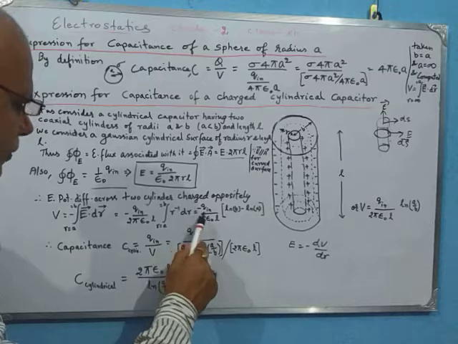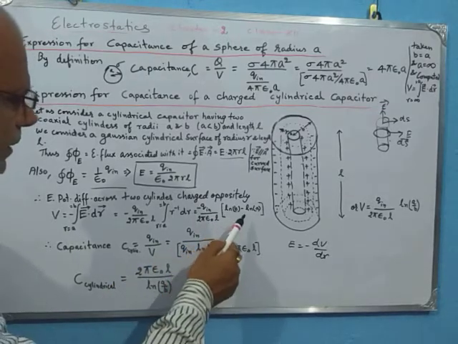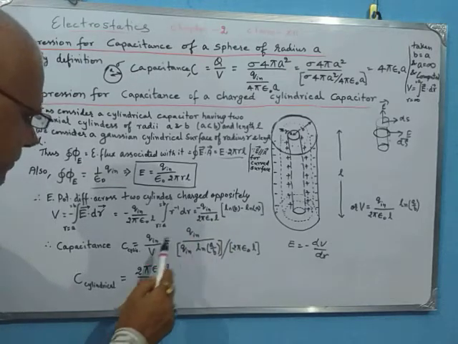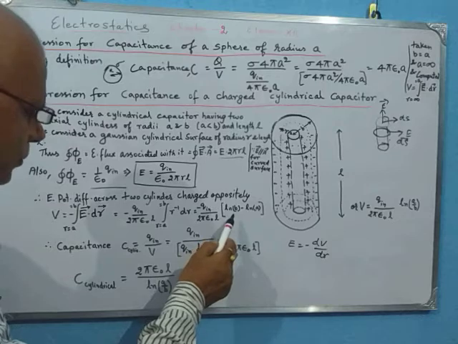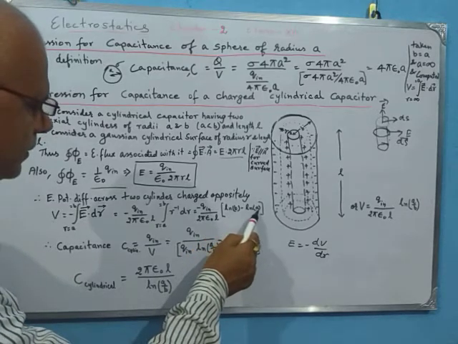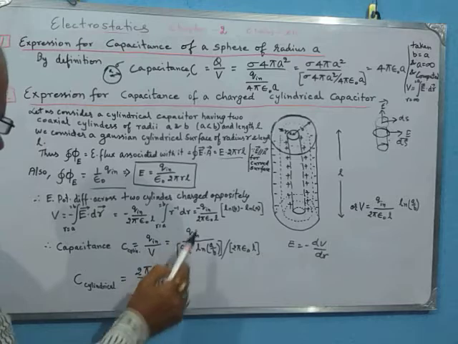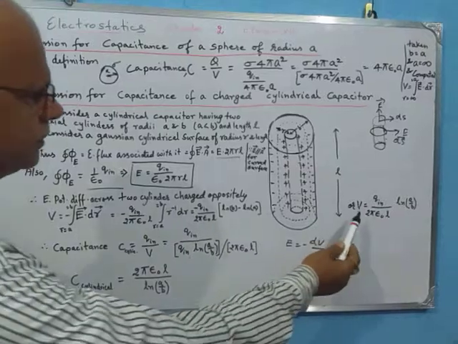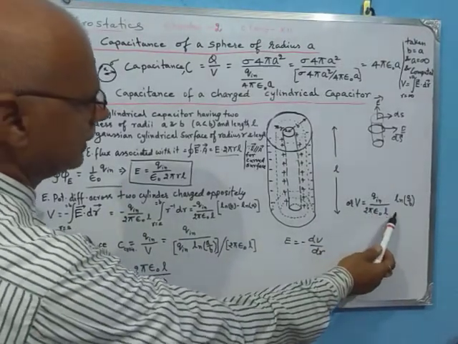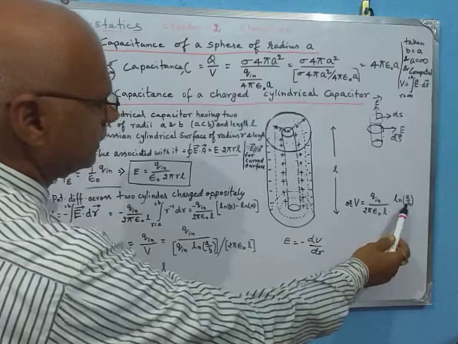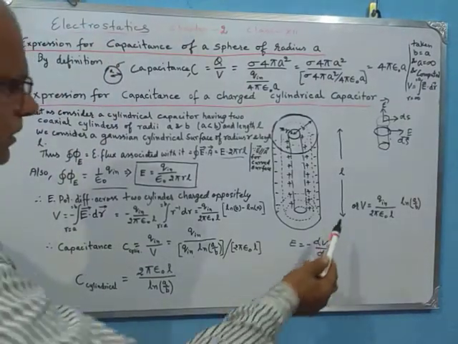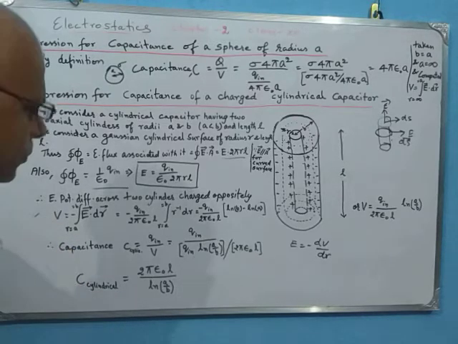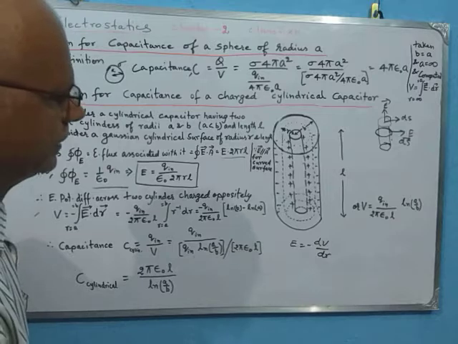Since the minus sign is there, when we accommodate it, it becomes log a minus log b, that is, log to the base e of a by b. So it becomes q in by 2 pi epsilon naught L times ln a by b. This is the expression for the electric potential difference across the two oppositely charged cylindrical surfaces.